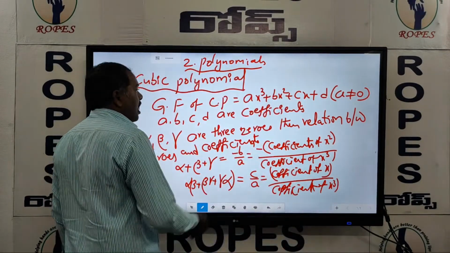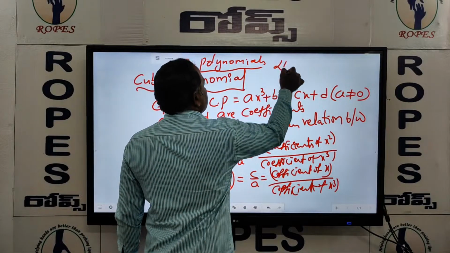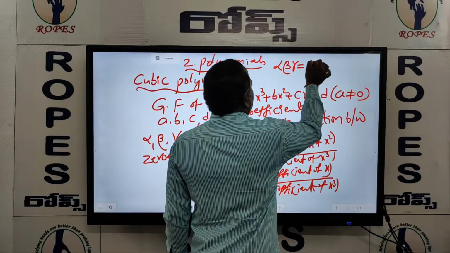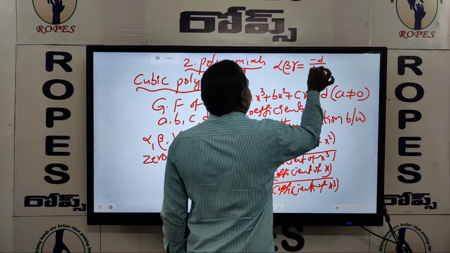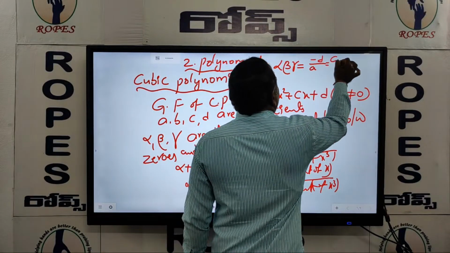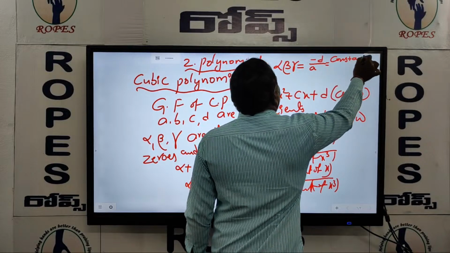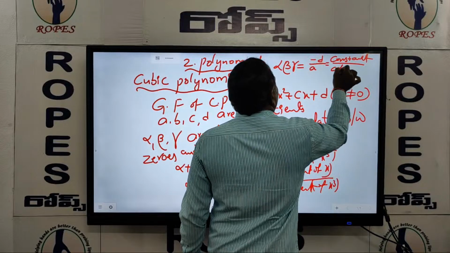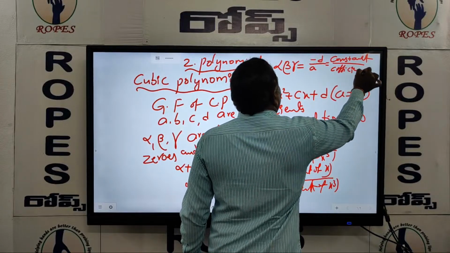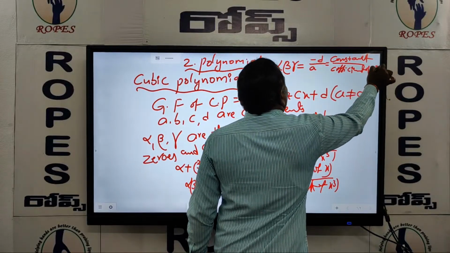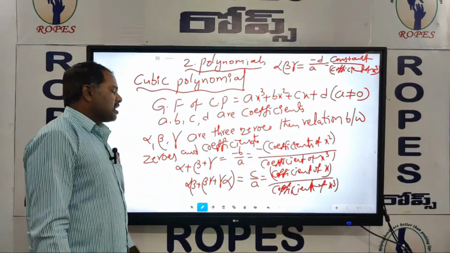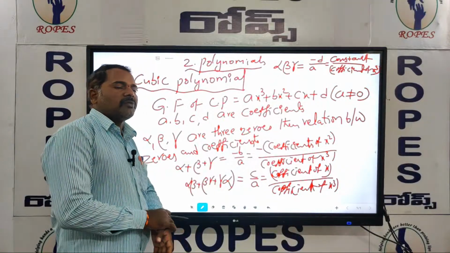And another one, product of zeros, alpha beta gamma is equal to minus d by a. Here d is the constant by coefficient of x cube.